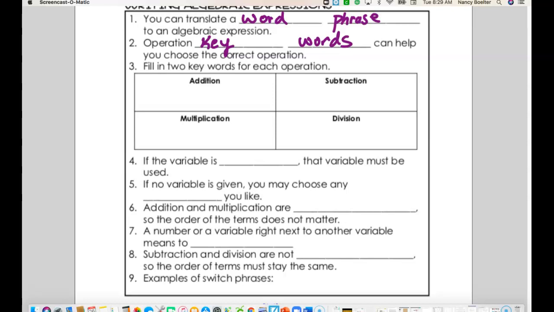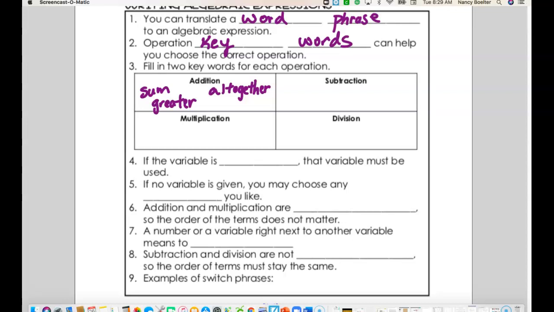You can help choose the correct operation. Fill in two keywords for each operation. Some examples are sum, greater than, altogether. You can keep going if you know more.